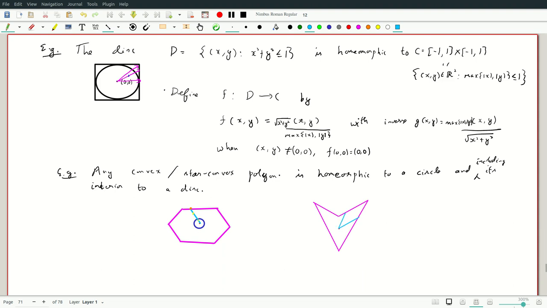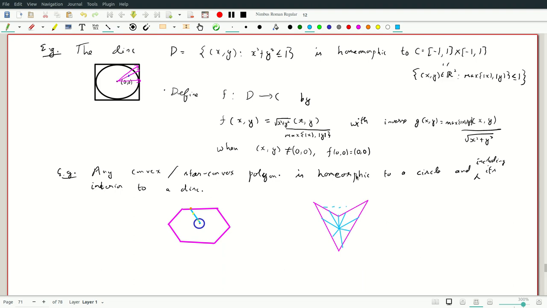So it's a star-like region. So this is called star convexity. Convexity means if I take any line segment joining two boundary points, they're entirely inside. That is not true here, and so this one is not convex.